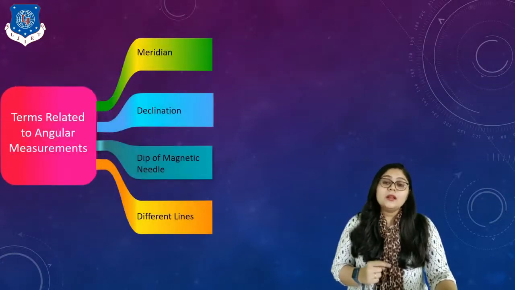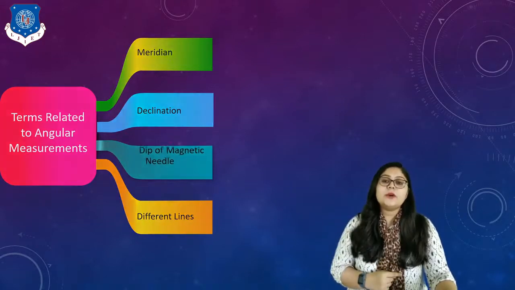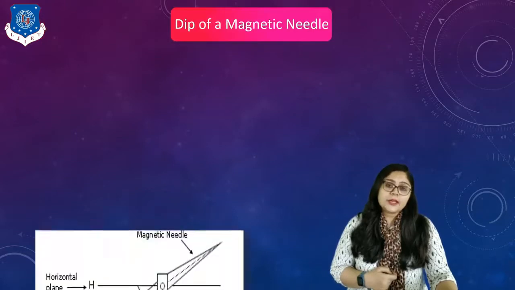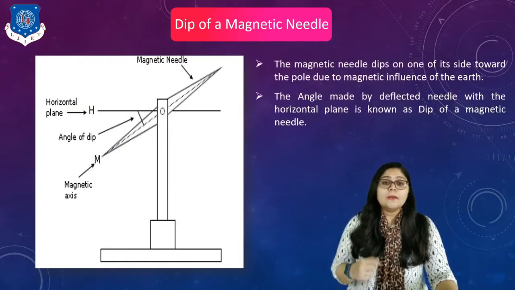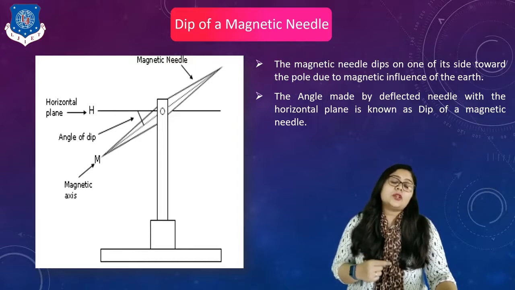Now, let's go to the next term related to angular measurement, which is dip of magnetic needle. Now, what is the dip of magnetic needle? So here on screen, you can see one figure, right? The magnetic needle dips on one side towards the pole due to the magnetic influence of the earth.